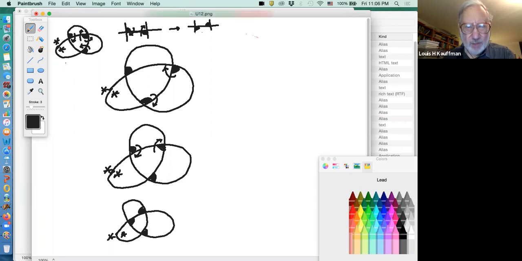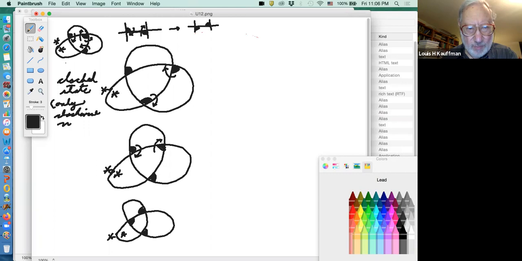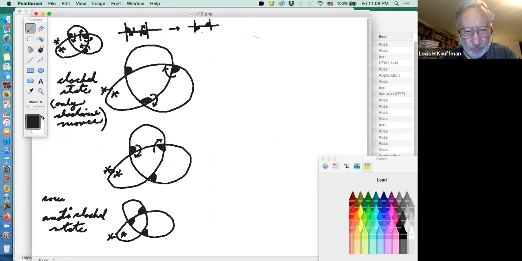This one, so I say that this one is a clocked state, meaning only clockwise moves. And this is an anti-clocked state. Anti or counterclocked, depending on your English idiom.